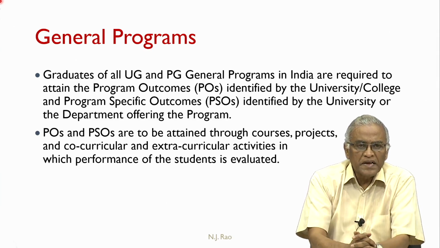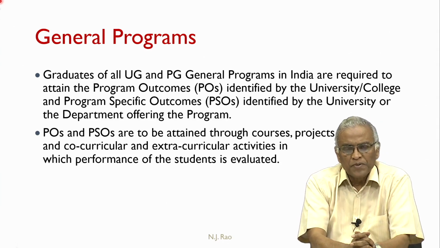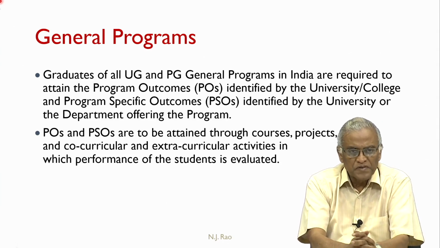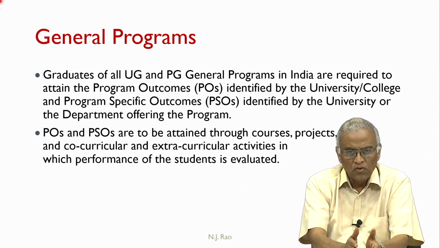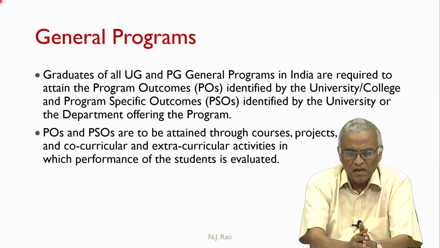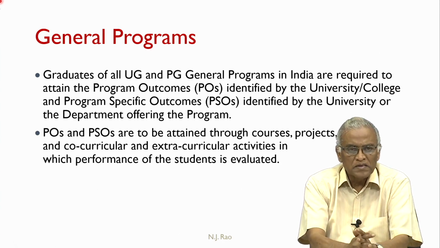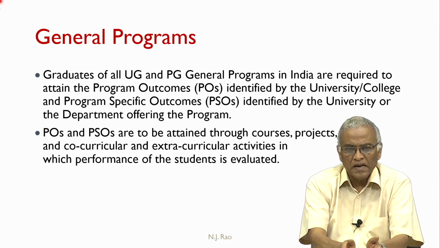And how do we attain these program outcomes, POs and PSOs? They are mainly attained through courses, and sometimes there could be a project, which is not compulsory in all programs, and some co-curricular and extracurricular activities. These are the only means that we have in terms of attaining the outcomes.